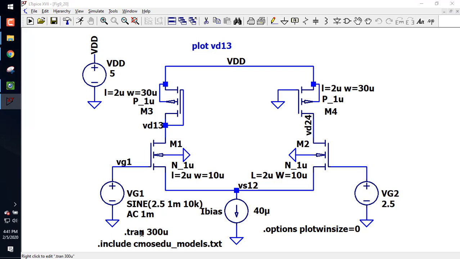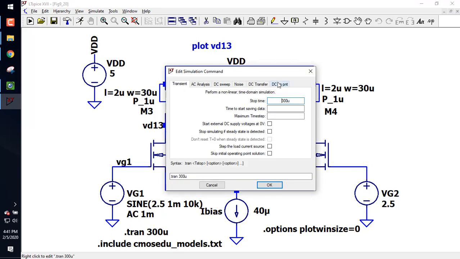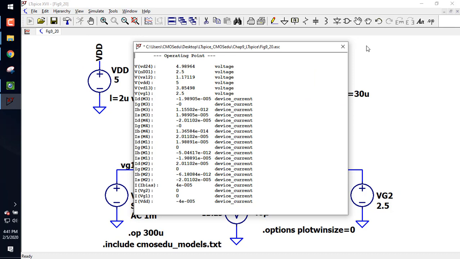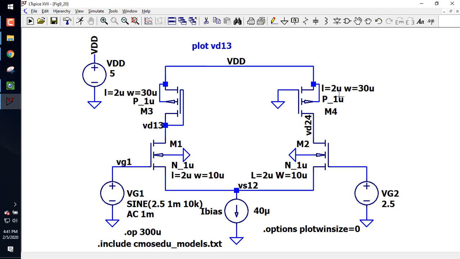Let's just do a .op to begin with. All right, and I'm going to hit run, and you know what the first thing I'm going to do? I'm going to check the GMs of these two transistors, because what did I calculate them to be? 150, and what did I calculate this to be? 150, and I want to see if that's right.